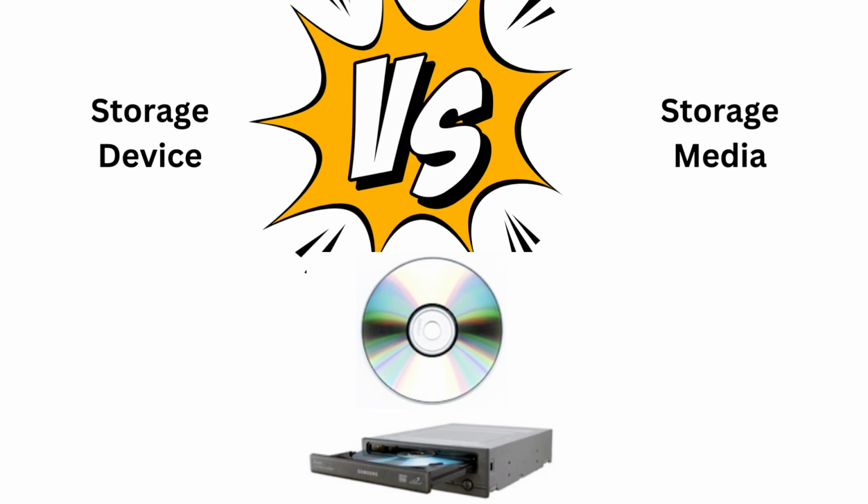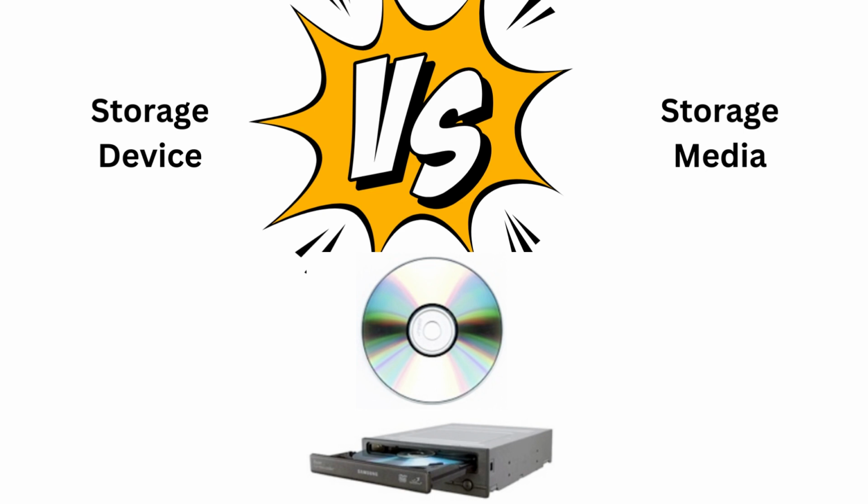Sometimes the storage media is a fixed or permanent part of the storage device. For example, the magnetic coated disk built into a hard drive. Sometimes the storage media is removable from the device. Example, a CD-ROM can be taken out of a CD drive.